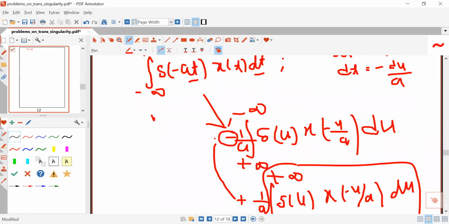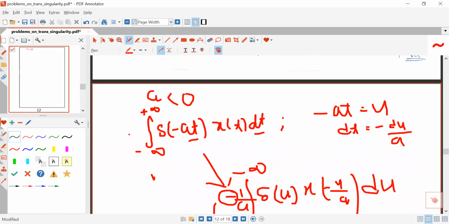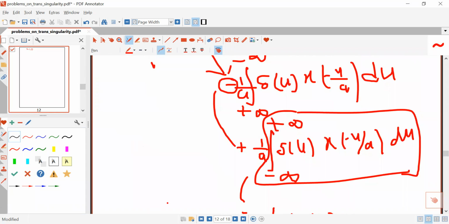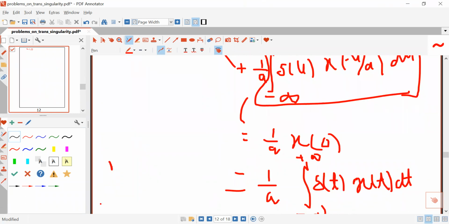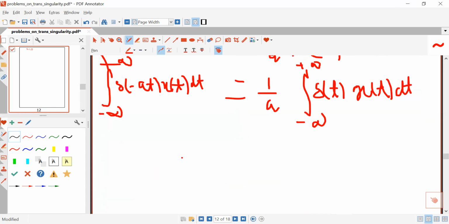And this is the initial expression. Initial expression was minus infinity to plus infinity delta minus at xt dt. When you compare left hand side and right hand side, you will get delta minus at will also be equal to 1 by a delta t.